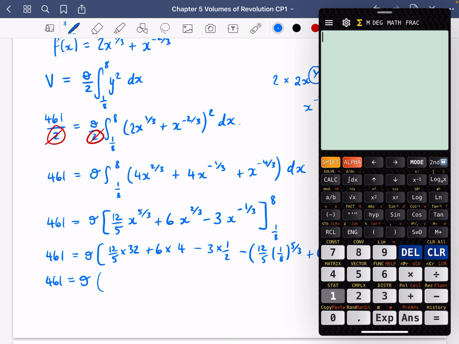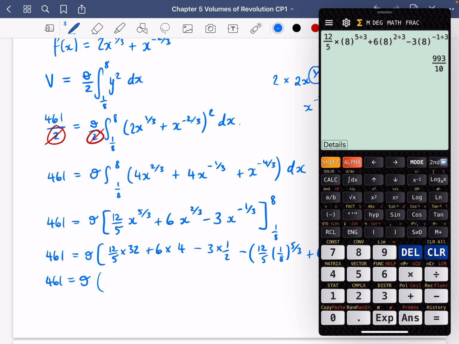I'm going to say it is 12/5 times 8 to the power of 5 over 3, plus 6 times 8 to the power of 2 over 3, minus 3 times 8 to the power of minus 1/3.